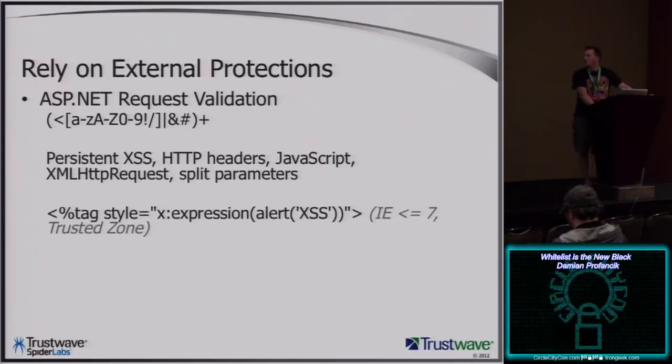And then with IE11, I believe, they've also made it even harder that the expression function doesn't work anymore unless you're in the trusted zone. But this still could be a valid attack, and I've seen some scenarios where it could happen. And we'll talk about that where a header is set, and maybe say you're talking about an intranet site. I've seen lots of admins add in their intranet sites into the trusted zone because they want everything to work.